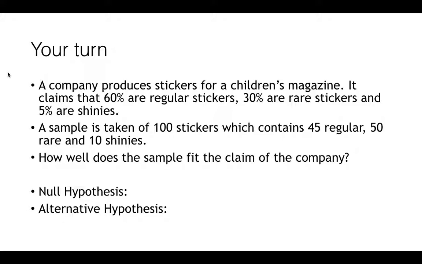Calculating your residual squared, your component, and then the sum of your components to give you your chi-squared value. Then flick back and use the table. Don't forget to work out what your degrees of freedom are, and read the table to find out how well the sample fits the claim of the company.